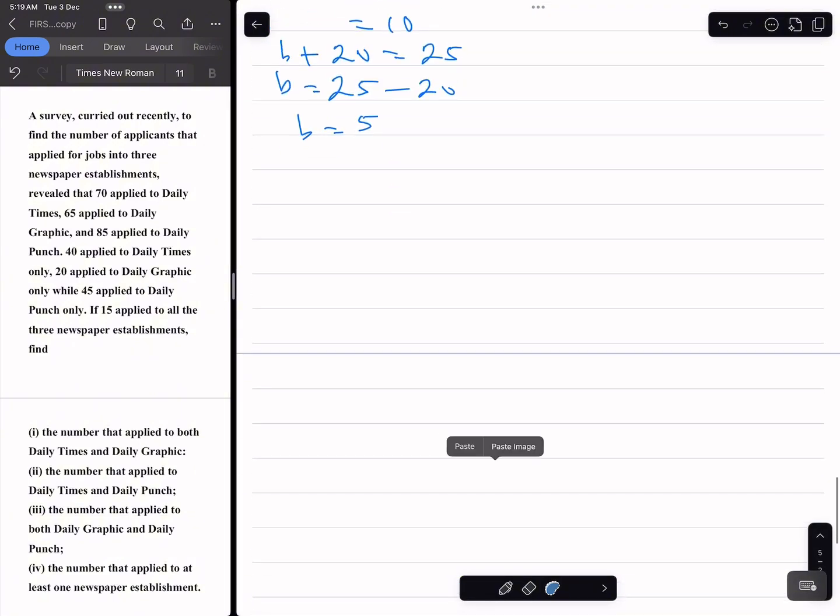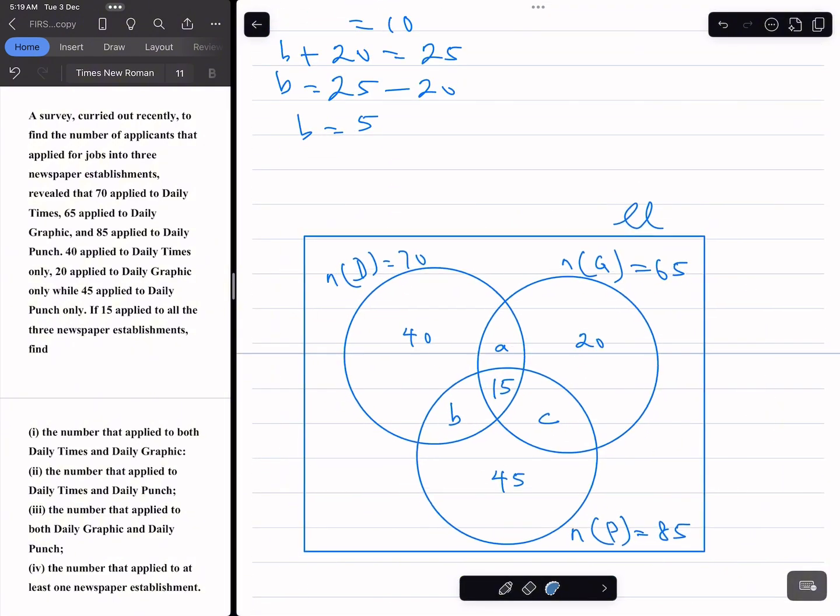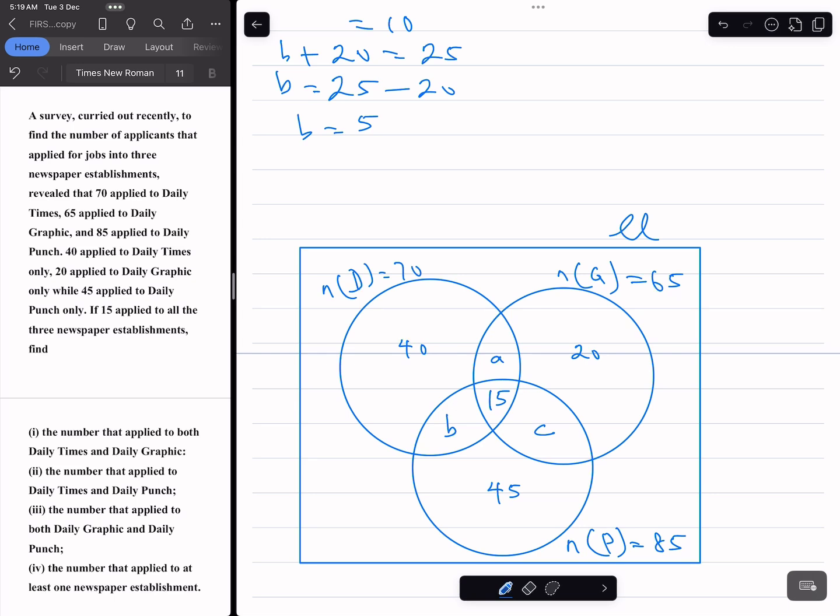Now, how do we find the number that applied to both Daily Times and Daily Graphic?